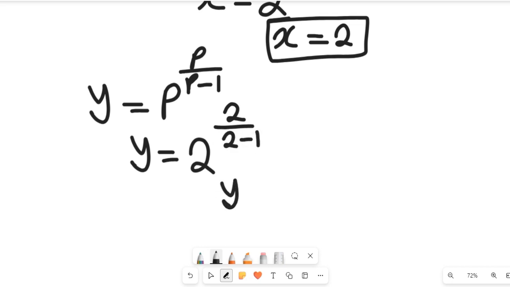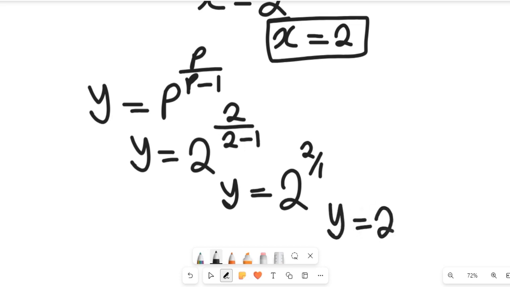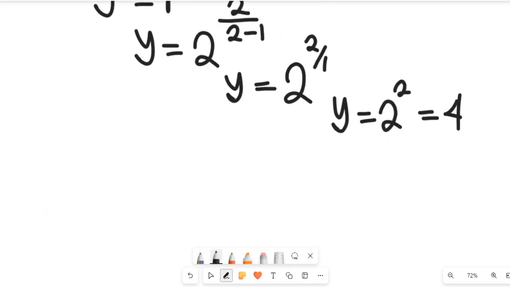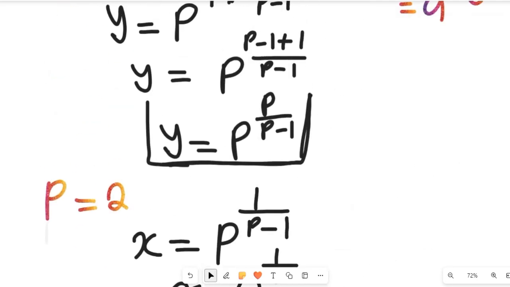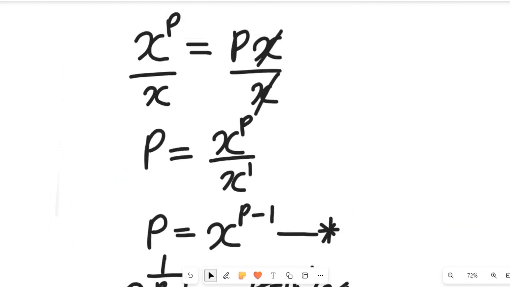Then our y will be equal to 2 to the power of 2 divided by 1, which is 2 to the power of 2, which is equal to 4. So that means the value of our x is equal to 2 and our y is equal to 4. Now, assuming that we have a constant of p, this will be the solution. Now, if we insert it into the expression, will our solution be right?